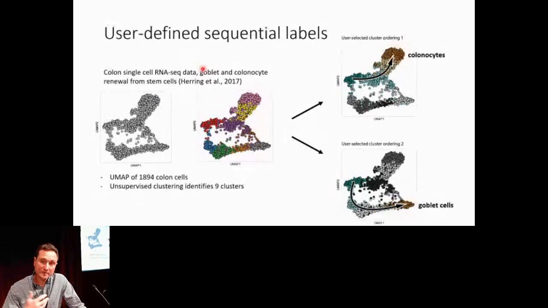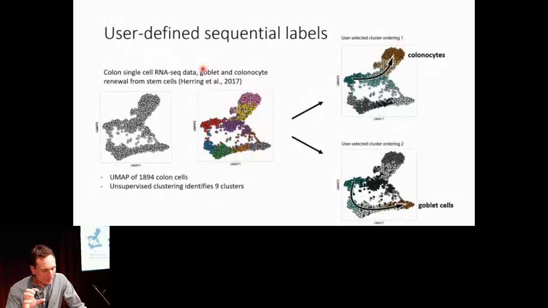So for instance, you perform a single-cell RNA sequencing experiment and you perform trajectory inference, pseudotime ordering, and then because you know your domain very well, you can come up with a sequence of cell groups, of clusters that corresponds to some sort of temporal measure.